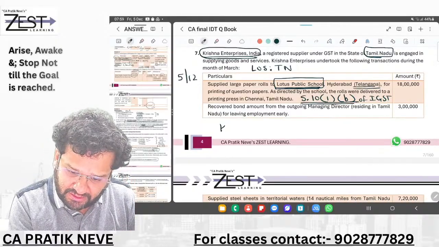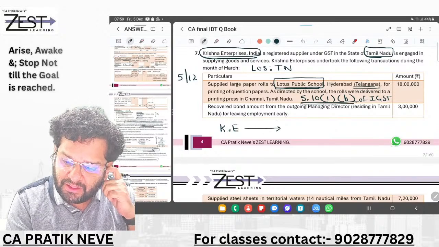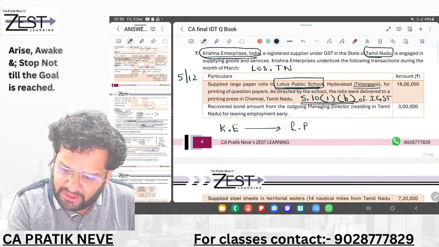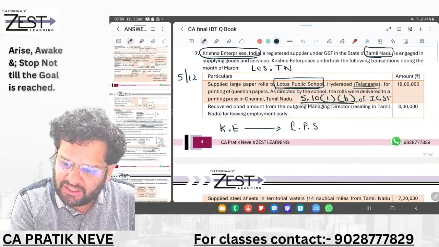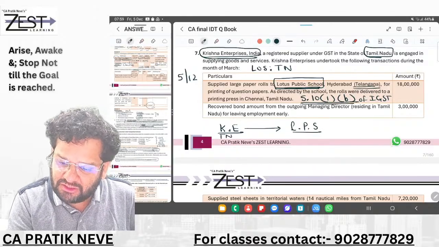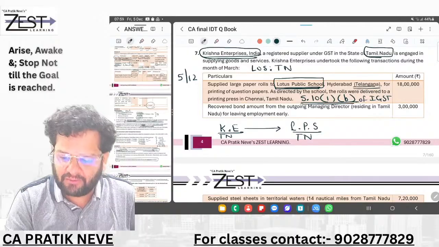Krishna Enterprises is supplier. It will do billing to whom? It will do billing to Lotus Public School. So Krishna Enterprises, as you all know, is in Tamil Nadu, but this Lotus Public School is in Telangana.